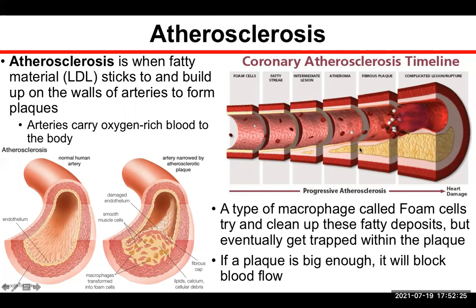But what ends up happening is your macrophages are trying to clean up this mess, but then they keep on having more messes build on top and getting stuck to these plaques. These foam cells end up getting stuck under the plaque, and that just makes it worse, because you have dying cells that are present. And that's not something that you want.